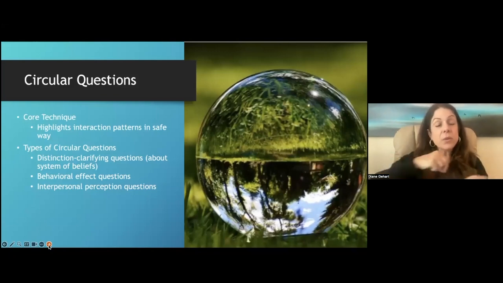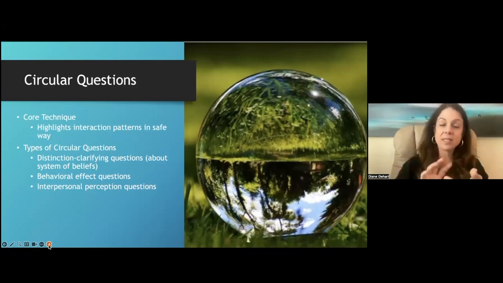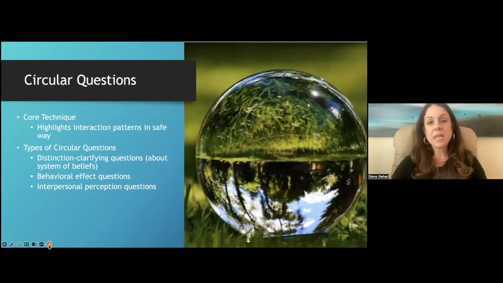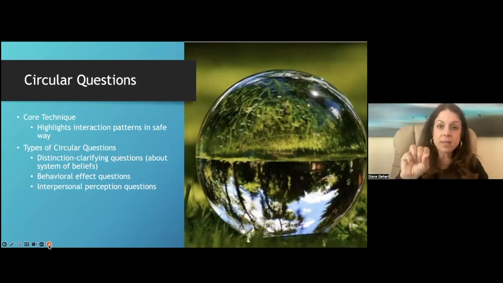So looking at and identifying all of those opens up, hopefully, a lot of empathy and understanding for one another, as well as solutions. And then you have interpersonal perception questions for how each person is seeing the situation, and helping to put language and words to it and noticing how one perception reinforces another perception.